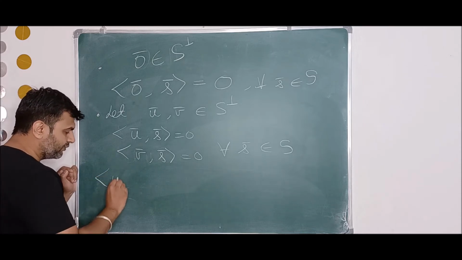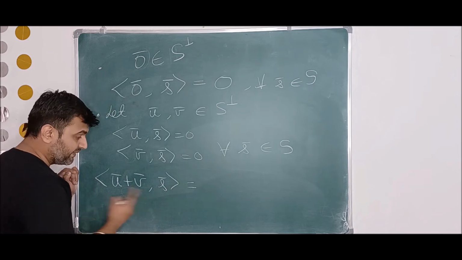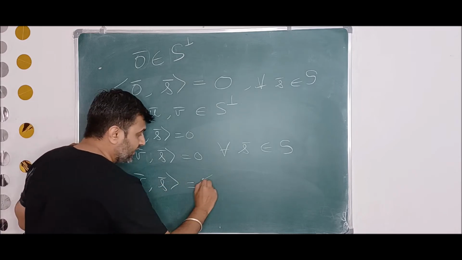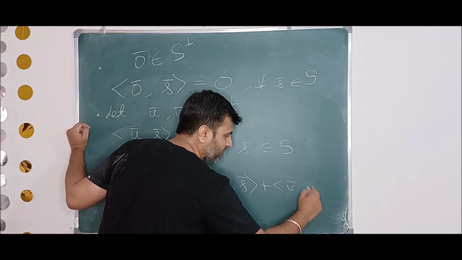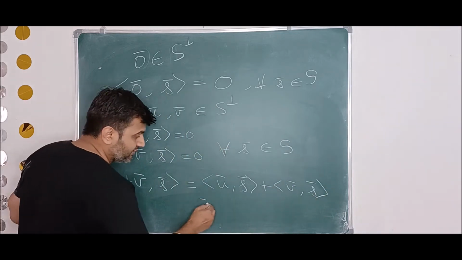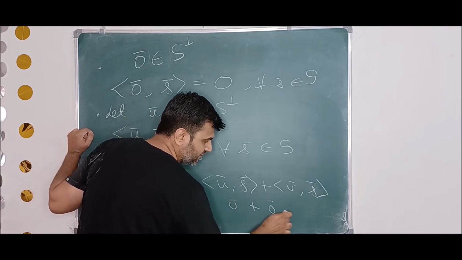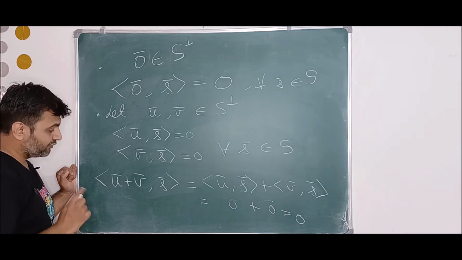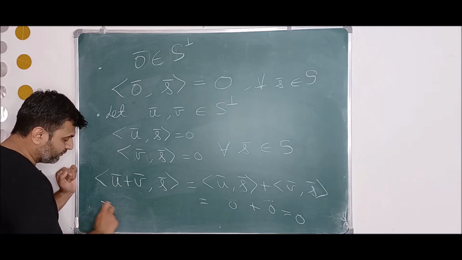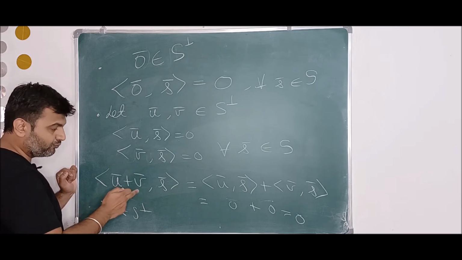That is true, because the inner product of U bar plus V bar with S bar, by the linearity property of inner product, is U bar comma S bar plus V bar comma S bar. And what is this? 0 plus 0, it's a real number, so the addition is 0. This implies that U bar plus V bar is in S perp.